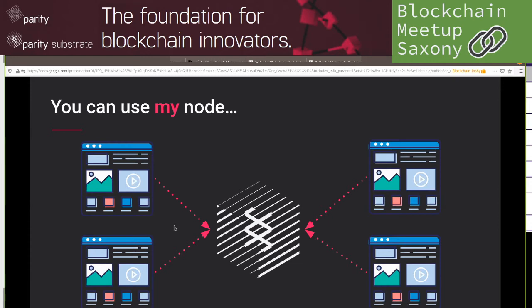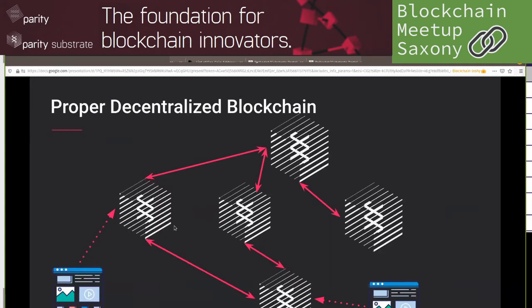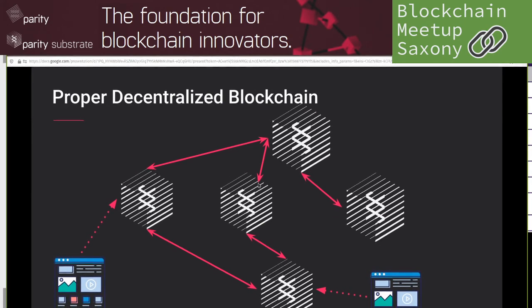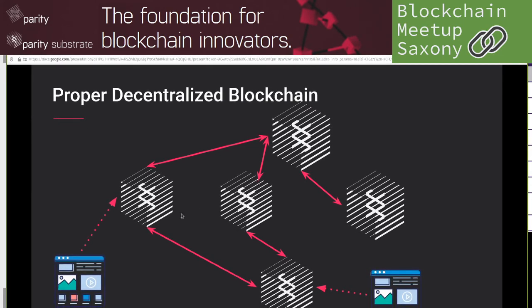So the next thing we want to do to make our blockchain network more resilient, more decentralized, meet more of these promises that blockchain originally offered, is to make it something like this. What we're showing now is a bunch of different substrate nodes, in this case Saxcoin nodes, connected with these solid arrows. That's our libp2p connections. And then the user interfaces can connect to any node in the network that they want to.